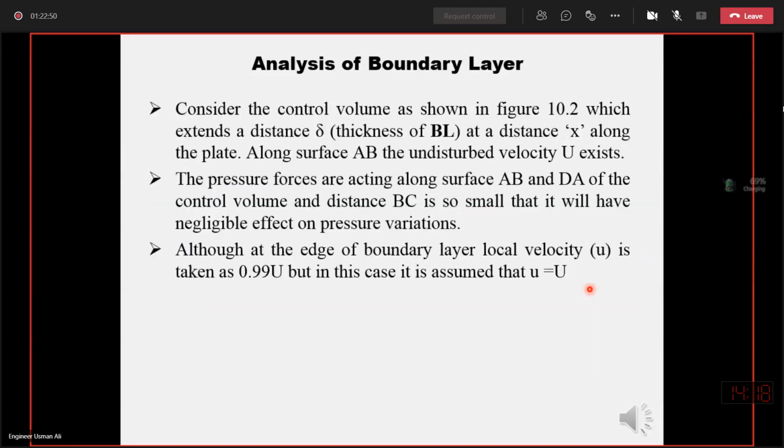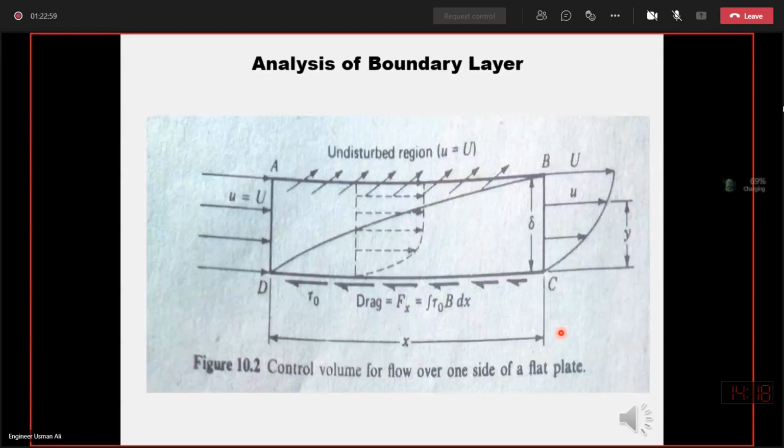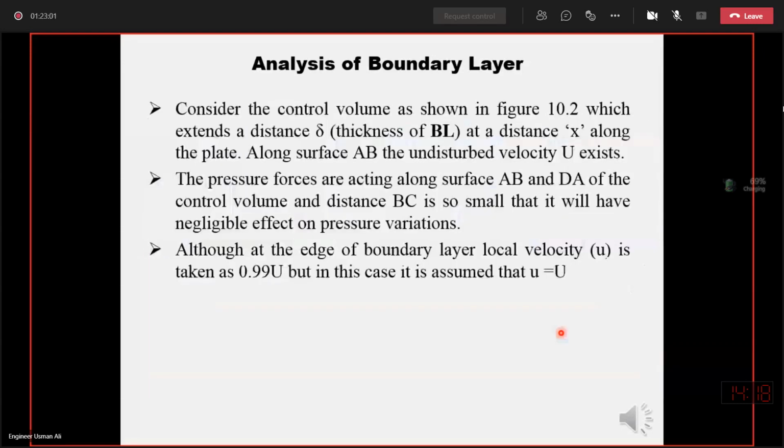Same thing is explained in this text. Consider the control volume of the fluid as shown in figure 10.2, which extends the distance del, the thickness of the boundary layer, at a distance x along the plate.